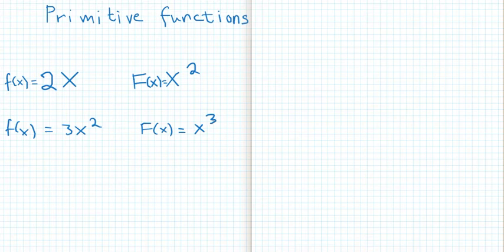So if this was x cubed, then its derivative would be 3x squared. If this is the function, the primitive function of f of x is this. Okay, so the primitive function of 3x squared is x cubed.